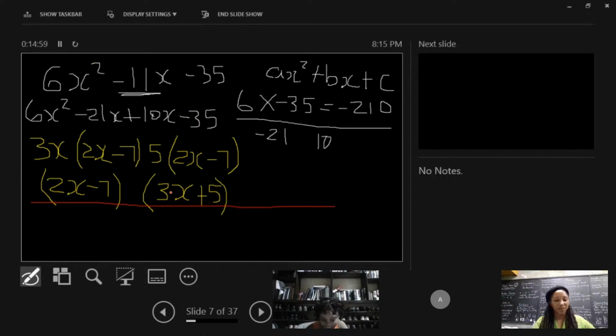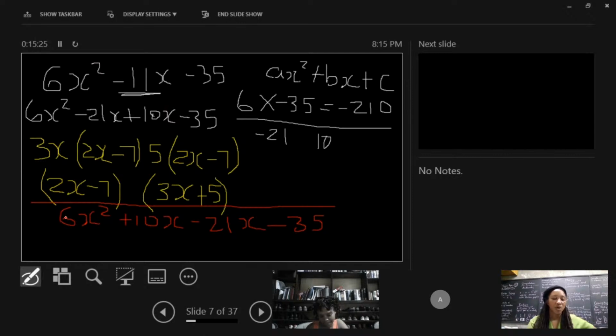So 2x times 3x would be 6x squared. 2x times 5 would be 10x. Negative 7 times 3x would be negative 21x. Negative 7 times 5 would be negative 35.